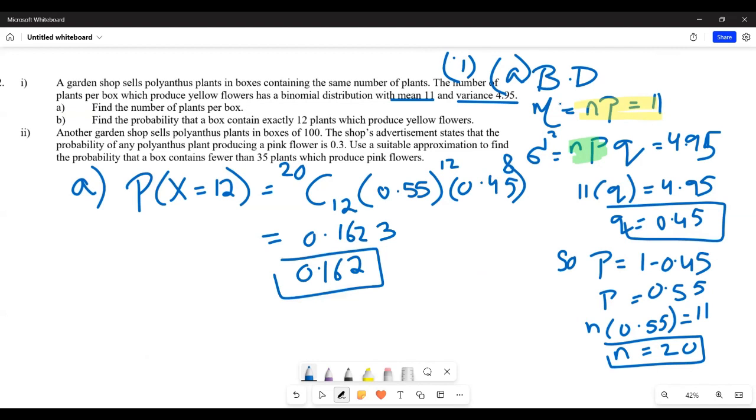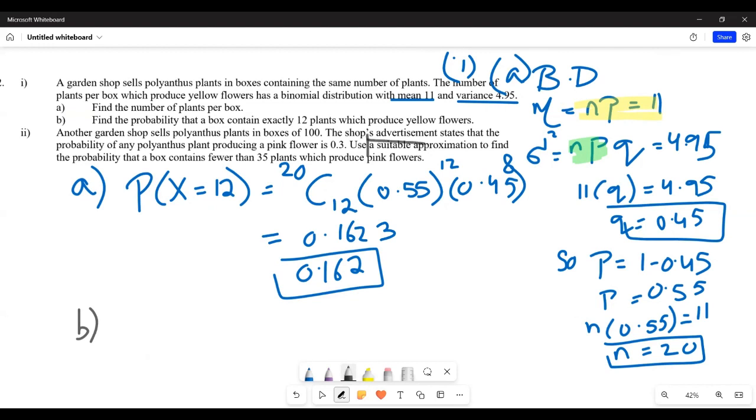Part B. Another garden shop sells polyanthus plants in boxes of 100. The shop advertisement states that the probability of a polyanthus plant producing a pink flower is 0.3. Use a suitable approximation.